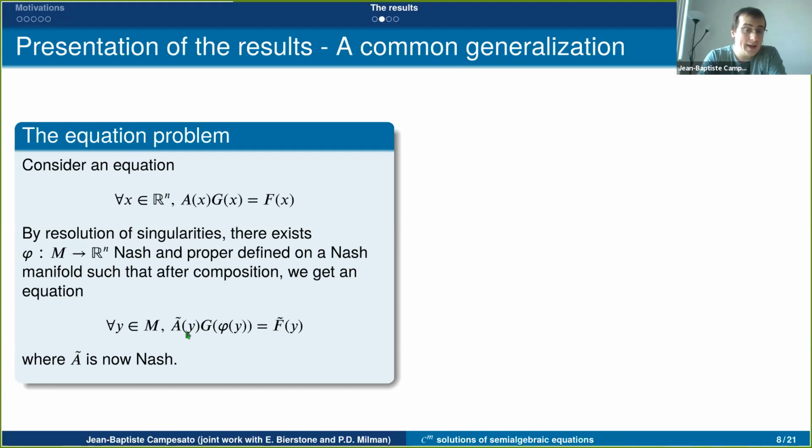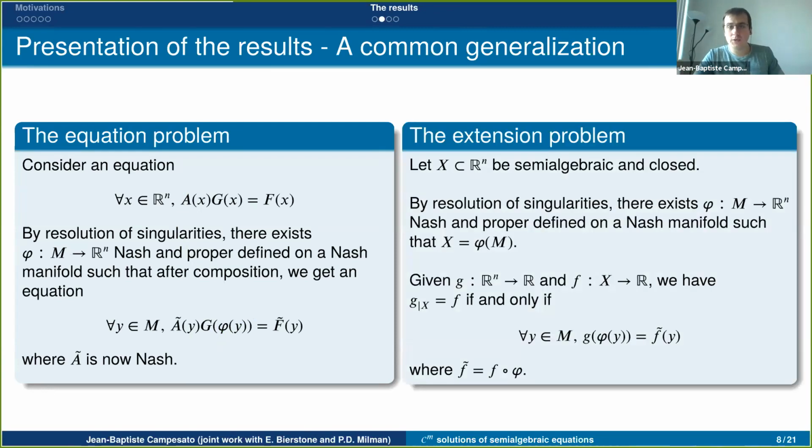But on the other hand, this question is more difficult because it is no longer a question lying in the context of linear algebra, because there is this composition with phi that we will have to take into account. So in one direction, the question is easier, but we also have an additional difficulty that we will have to take care of.